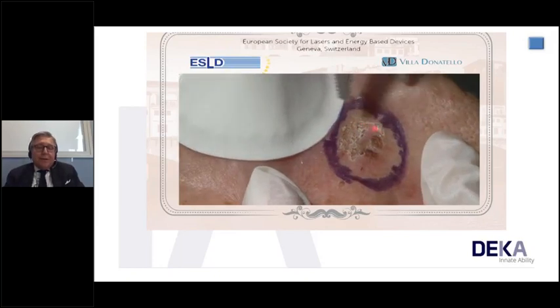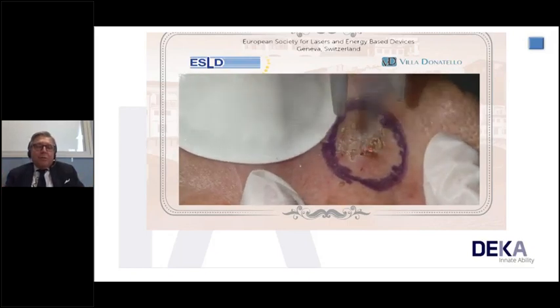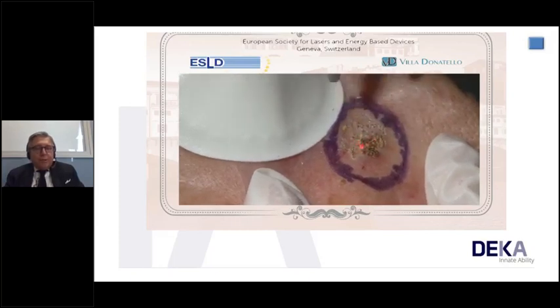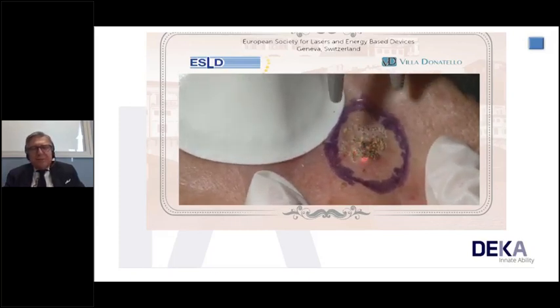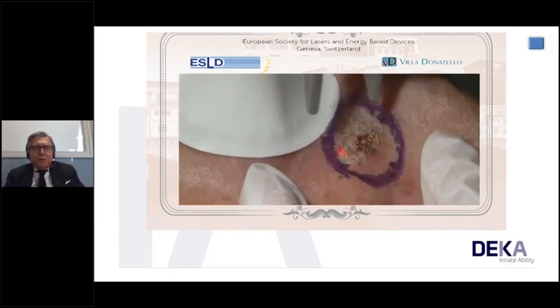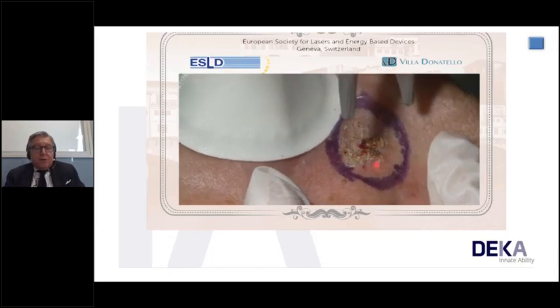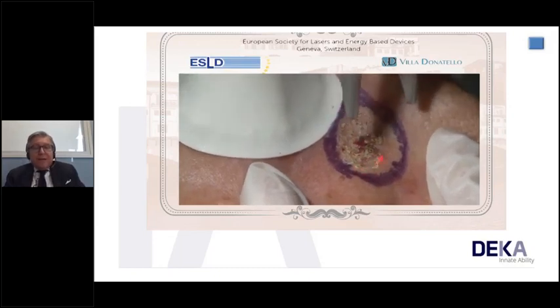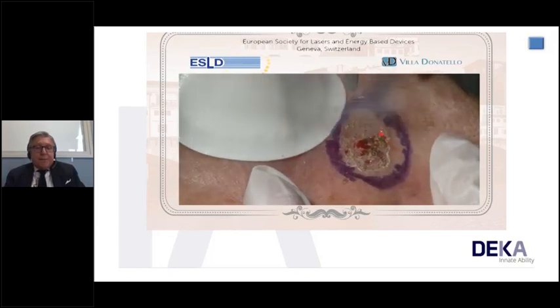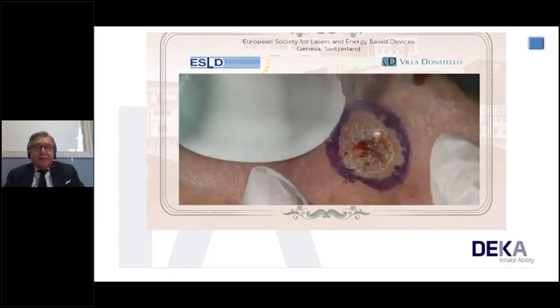You mark the area 0.5 centimeter, 1 centimeter out of the clinical evidence of the tumor. We vaporize the lesion until we get to the endpoint. This is valid especially for young people, around 50 or 60 years old, because they don't want to have any disfiguring scar at the end of the treatment. So we can get a double goal.